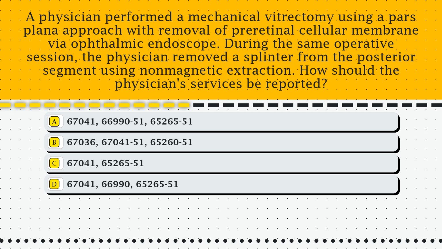Option B, 67,036, 67,041 to 51, 65,260 to 51. Option C, 67,041, 65,265 to 51. Option D, 67,041, 66,990, 65,265 to 51.